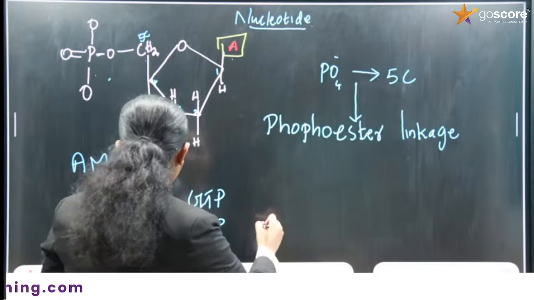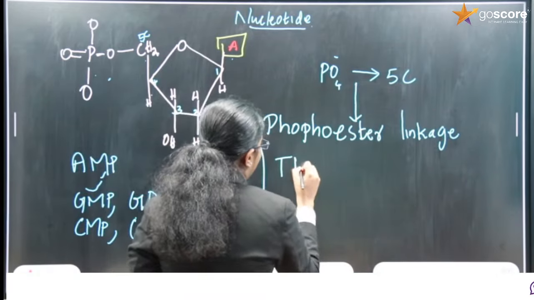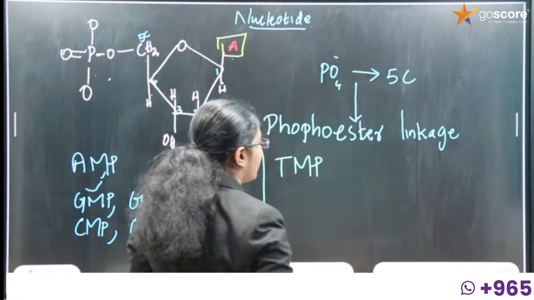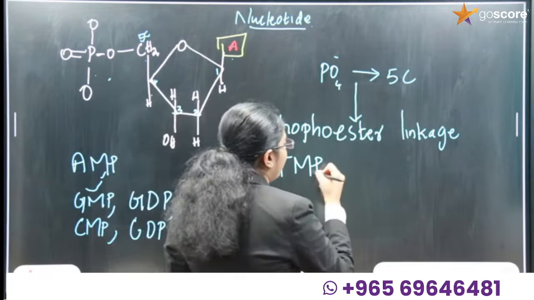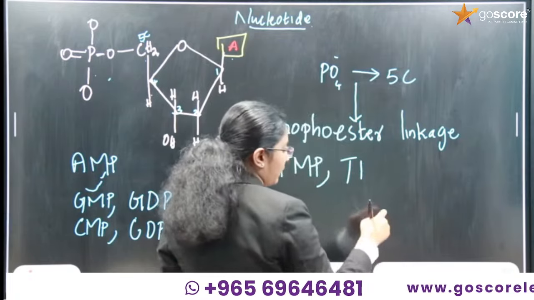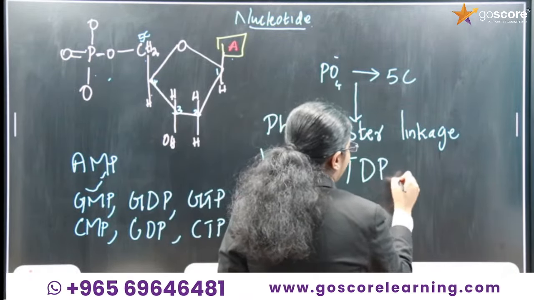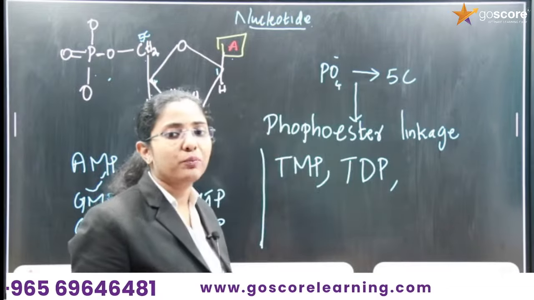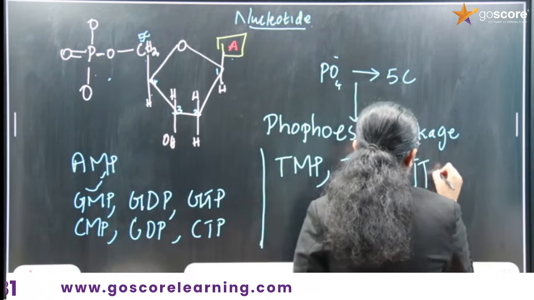Next, we have to know about thymine. If thymine has one phosphate, we will call it thymine monophosphate. If two phosphates are present, we will call it thymine diphosphate. If three phosphate groups are present, we will call it thymine triphosphate.